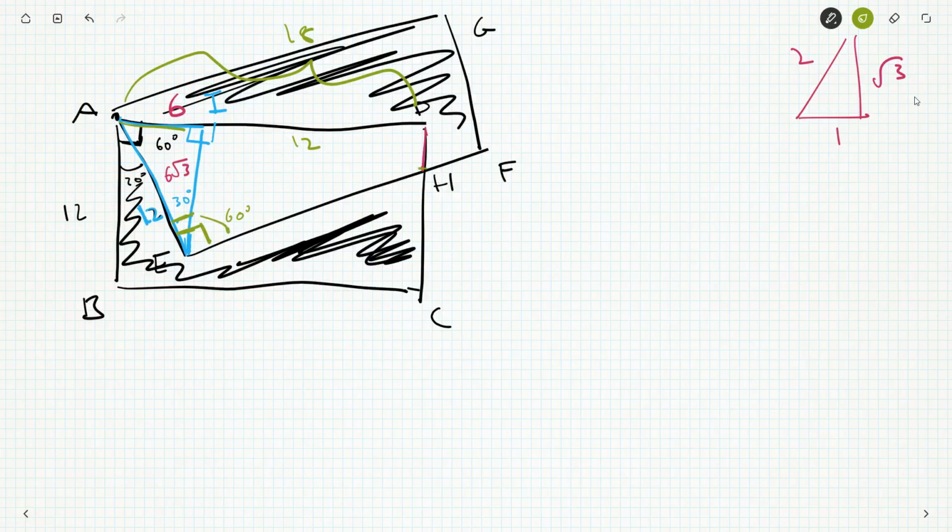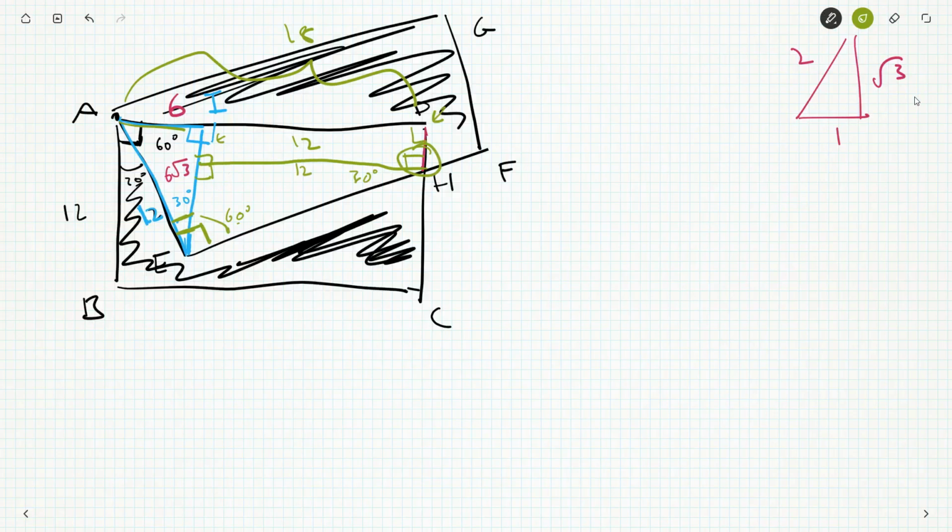So what if, from H to EI, we drop another right angle triangle? Now here we'll have a rectangle, because we've got 90 degrees here, 90 degrees here, and a 90 degrees here, and that forces a 90 degrees at H. And now I've got a 60, 90, 30, so a 30, 60, 90 triangle again. And this time I don't know the hypotenuse, but I do know a side length of 12.